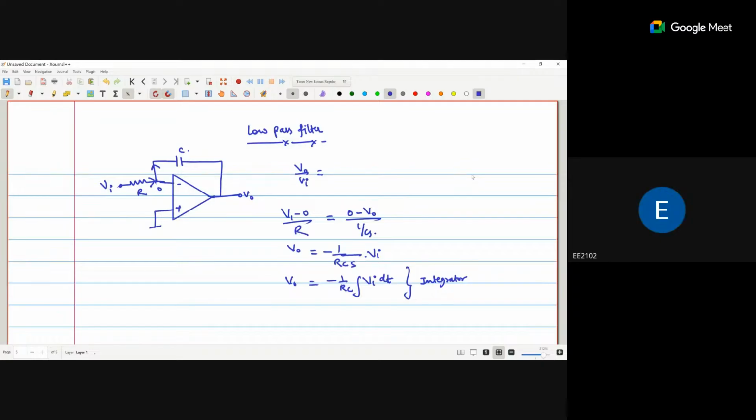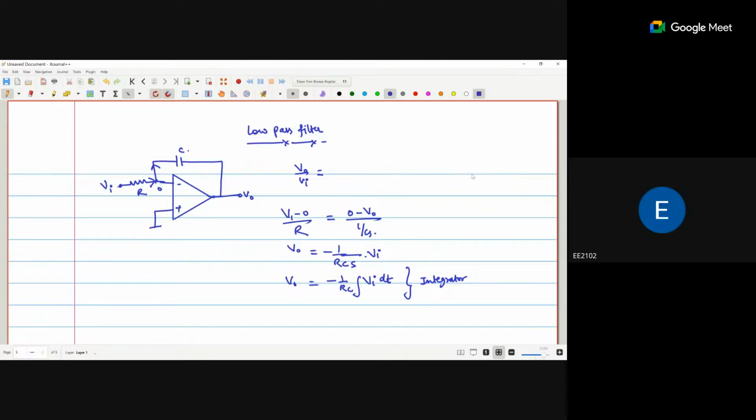Now if we are getting the transfer function of that one, yes.